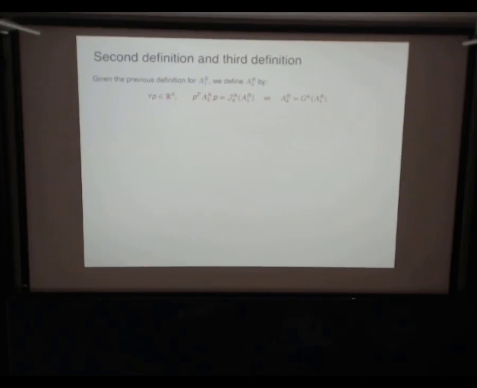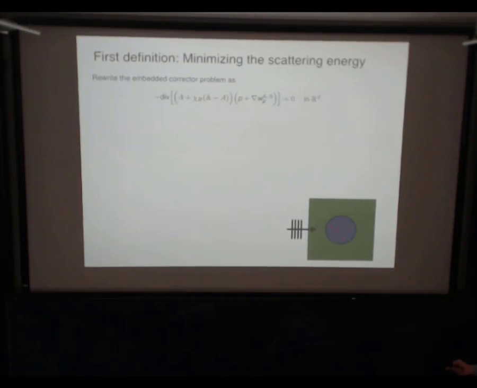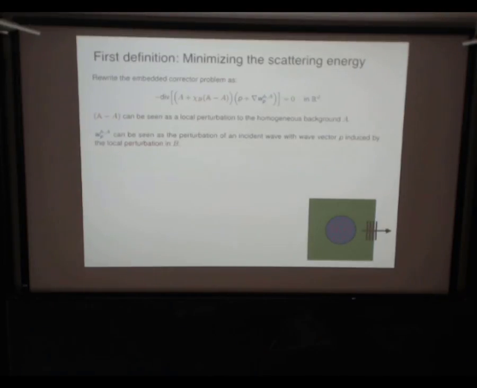Okay, so unfortunately we don't have very convincing intuitive arguments why the second and the third definitions are good definitions. Well, if you nail down everything to 1D, you see that it is reasonable. However, there's no such clear illustration like this scattering wave for the two remaining definitions.